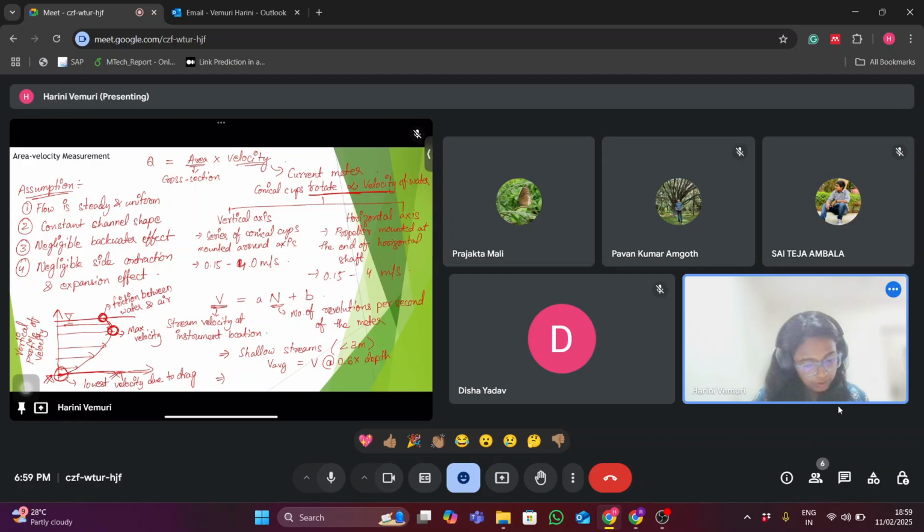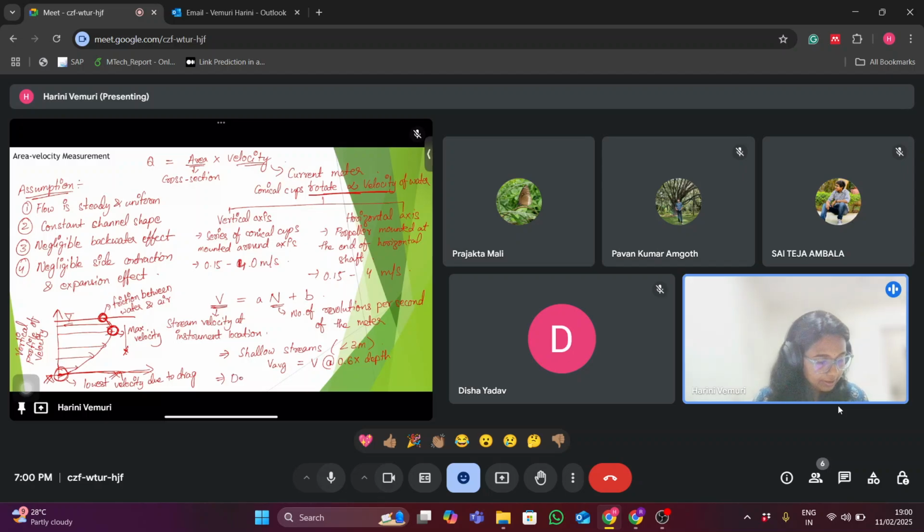Okay, so if we keep the instrument at 0.6 times the depth of the river and take a measurement at that location, this will be the average velocity of the shallow water stream at that particular location of the stream.